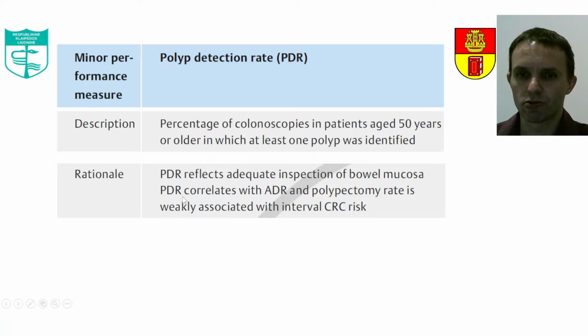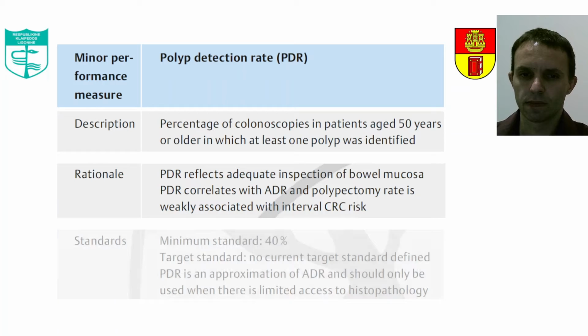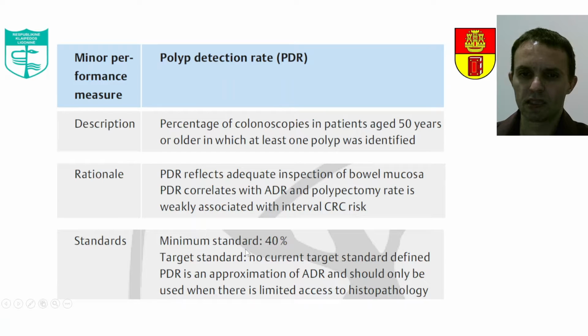Also, polyp detection rate correlates with adenoma detection rate, and polypectomy rate is weakly associated with interval colorectal cancer risk. Minimum standard is 40% of all the colonoscopies, and it is important to mention that polyp detection rate is an approximation of adenoma detection rate and should only be used when there is limited access to histopathology.